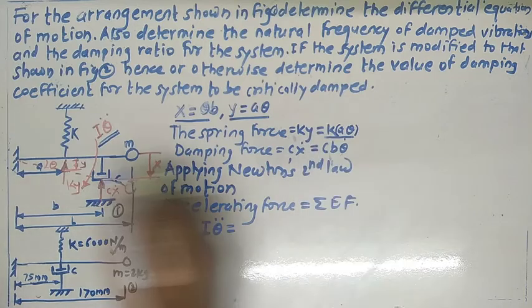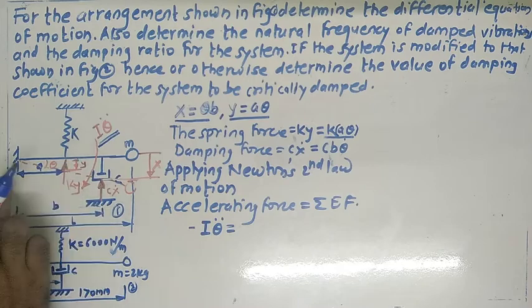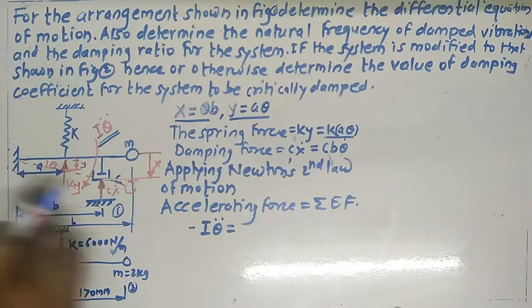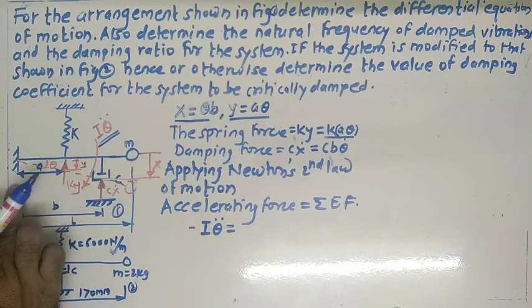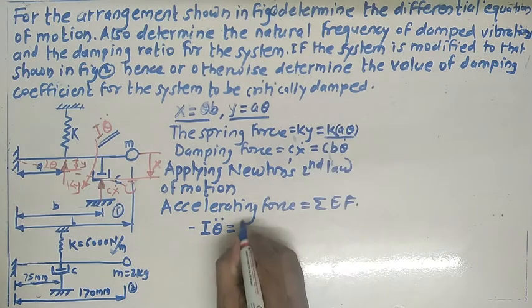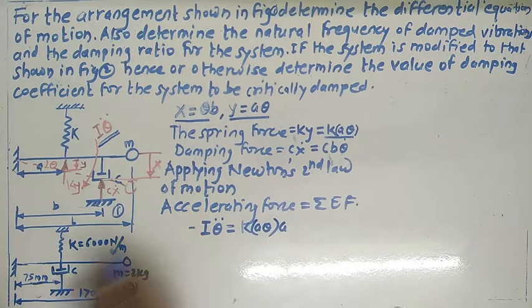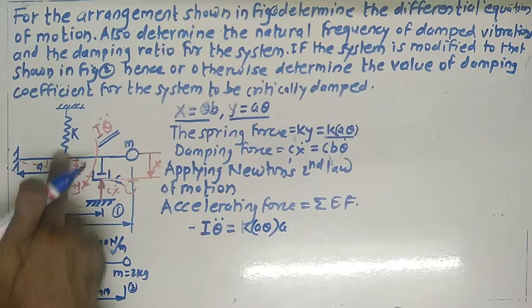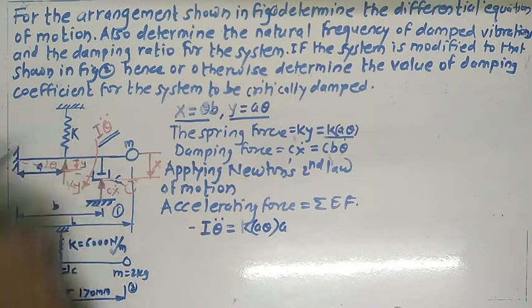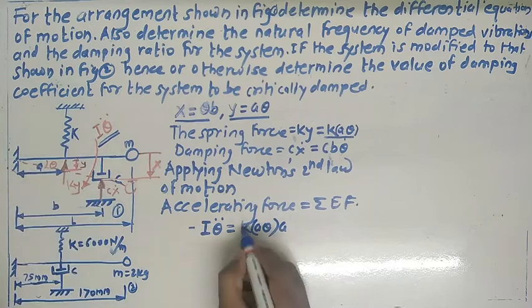You have to take the moment of this spring force about this point, so k y multiplied by a, that is k a theta multiplied by a. This turns about this point in the anti-clockwise direction, so we use the plus sign.